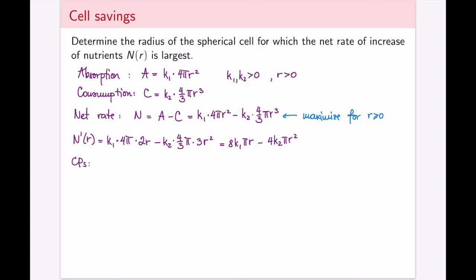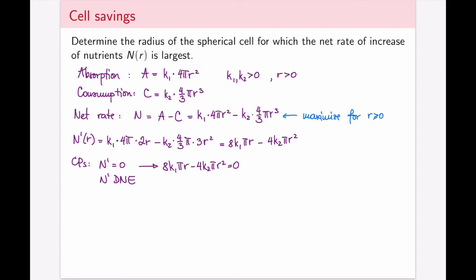The next step is to find critical points. Remember that critical points occur when the derivative is 0 and when the derivative does not exist. So let's take a look at what happens when the derivative is 0. So I have 8k1 pi r minus 4k2 pi r squared needs to be 0. Remember that what I'm trying to do here is factor, not divide.